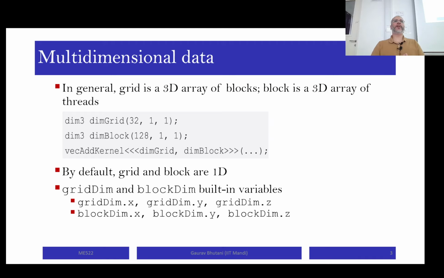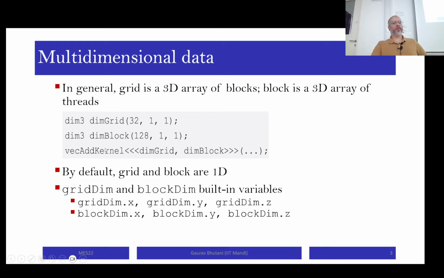So blocks need not be single dimensional, and each grid has multiple blocks, so each grid can also be multi-dimensional. So that sort of matches with the dimension of the data. Of course, under the hood it may be linearizing or flattening the data completely, but from a user's perspective, we see the grids or the blocks to be multi-dimensional in nature. So we will have some discussion on that.